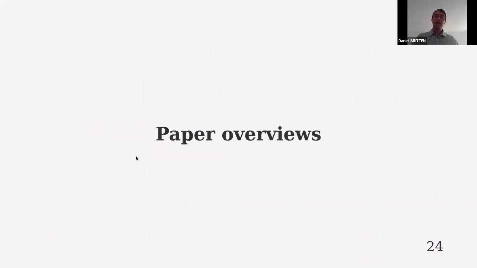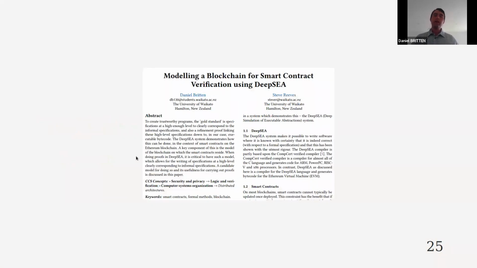All right, so now I'll start wrapping up, but I'd like to just give a brief overview of some papers which you might be interested in reading and talk about some of that content. So firstly, there's a paper about modeling a blockchain for smart contract verification using DeepSEA. This was presented at FTSCS last year at the Splash conference.